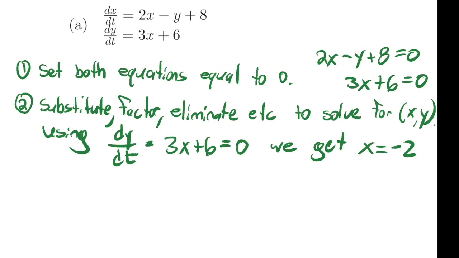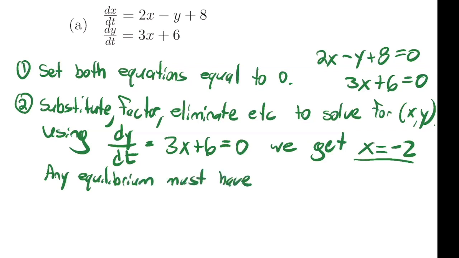This doesn't tell me that any point that has x equals minus 2 is a solution, because I also need to check that dx/dt is also 0. What this tells me is that any equilibrium must have x equals minus 2, but this is different than saying all points that have x equals minus 2 are equilibria.